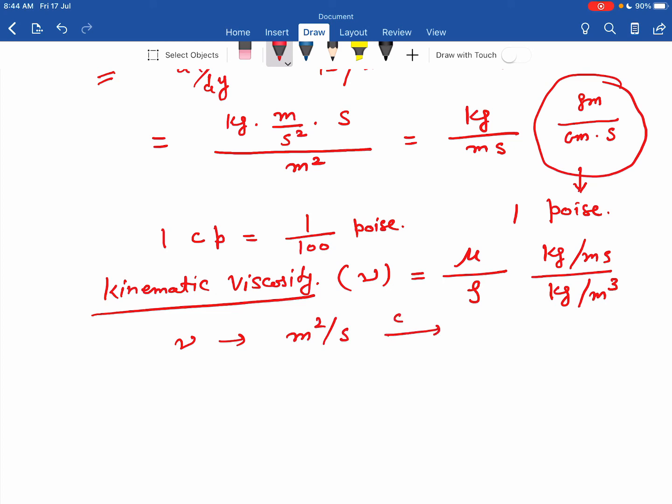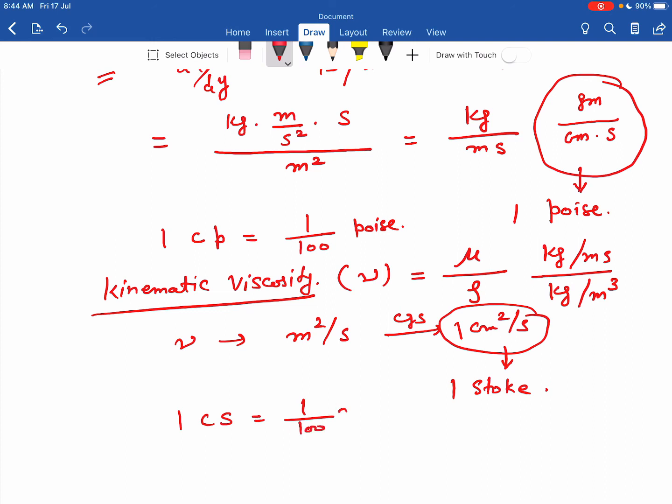Its CGS unit is centimeter square per second. So 1 centimeter square per second we call 1 stoke. Then we have 1 centistoke, that is 1/100th part of a stoke. Okay, so these are some properties of fluids. We have 2 or 3 more properties that we will discuss in the next class. Okay, thank you.